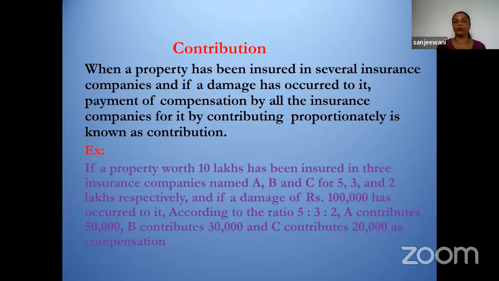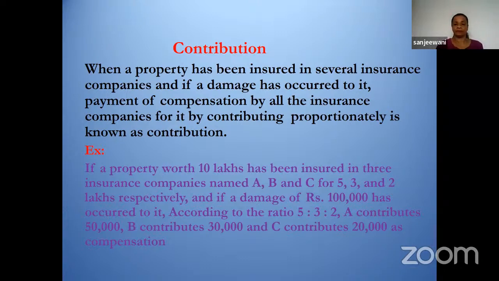That's how they do it. All three insurance companies get together, contribute, and give me the compensation. This is known as contribution. When a property has been insured in several insurance companies, and damage has occurred to it, payment of compensation by all the insurance companies by contributing proportionately is known as contribution.